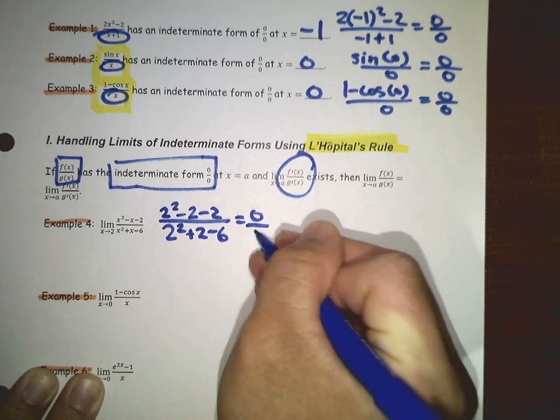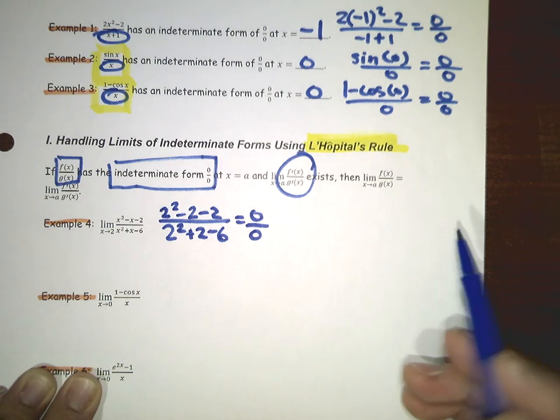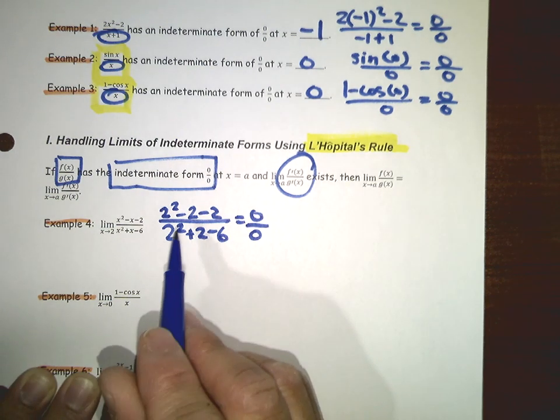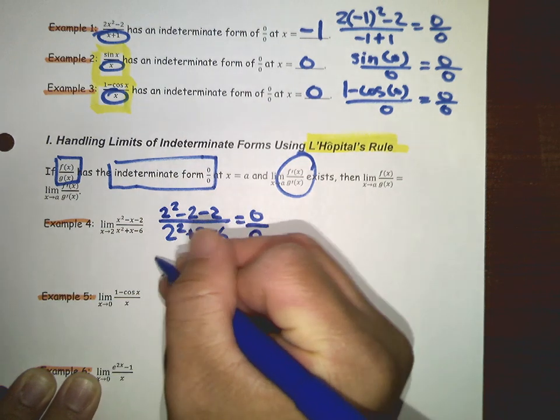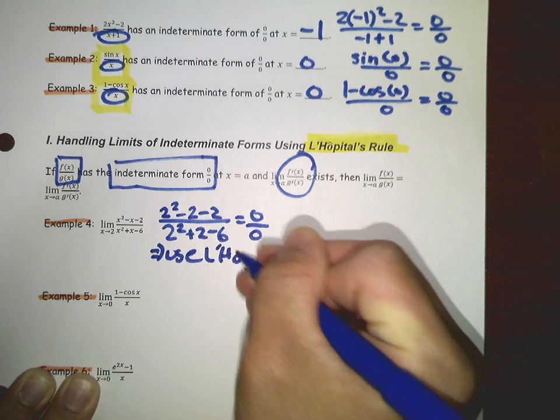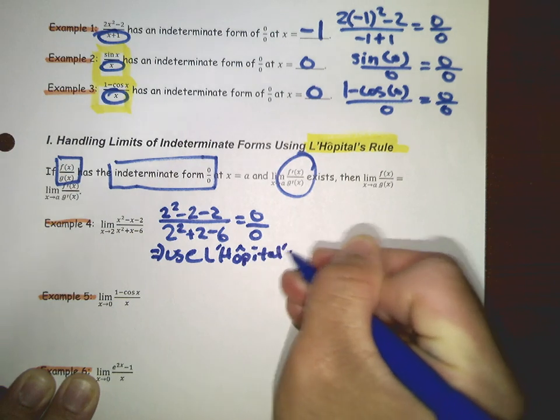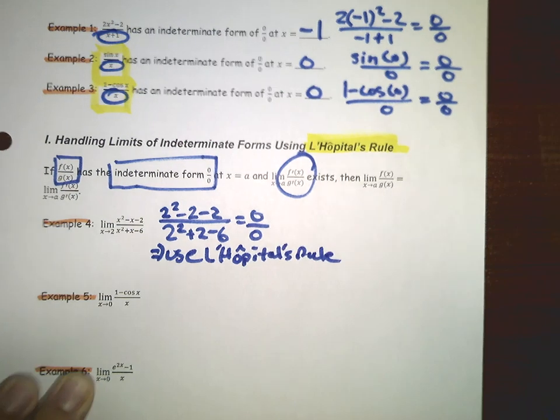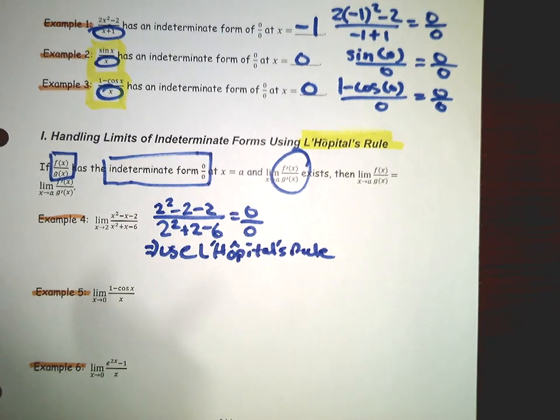So that's 0 over 0. Because this is 0 over 0, that means we can use L'Hopital's rule. If it were not 0 over 0, then we would have to do some rearranging, all right?